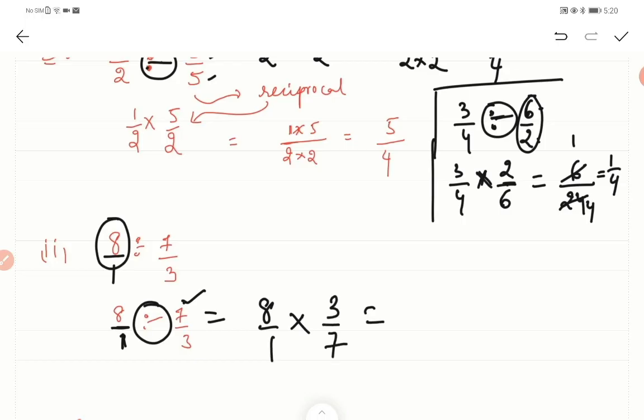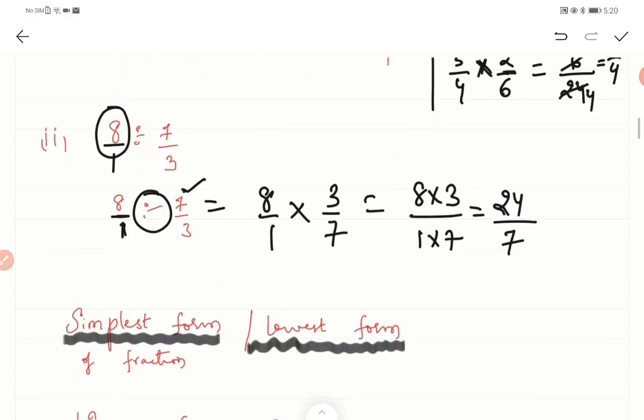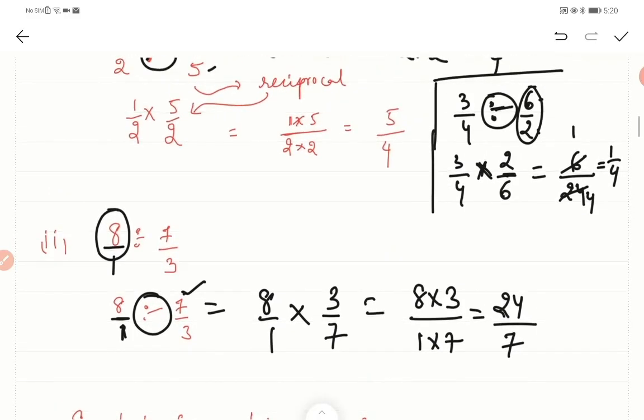So now it is easy, 8 cross 3 by 1 cross 7. Okay, so 8 threes are 24 by 7. This is how you go for multiplication and division of a whole number with a fraction.